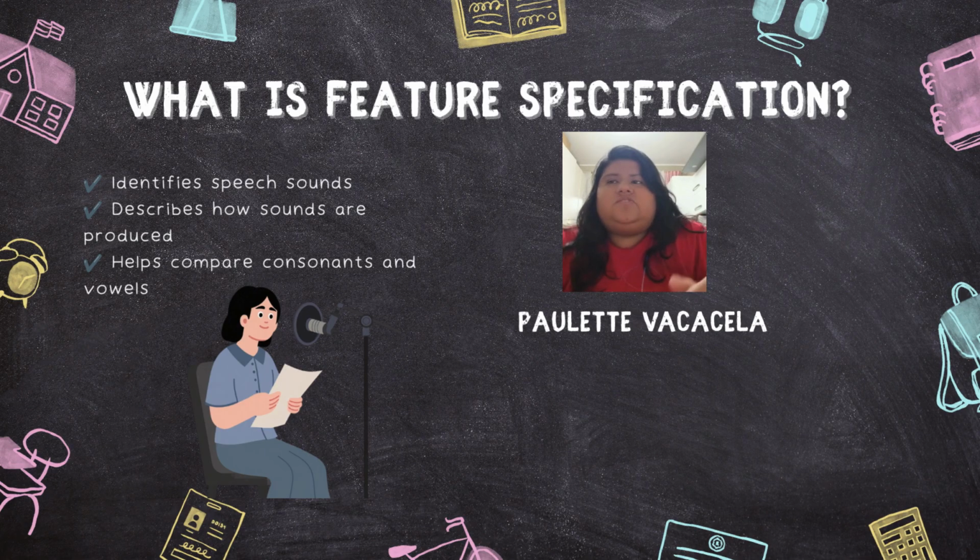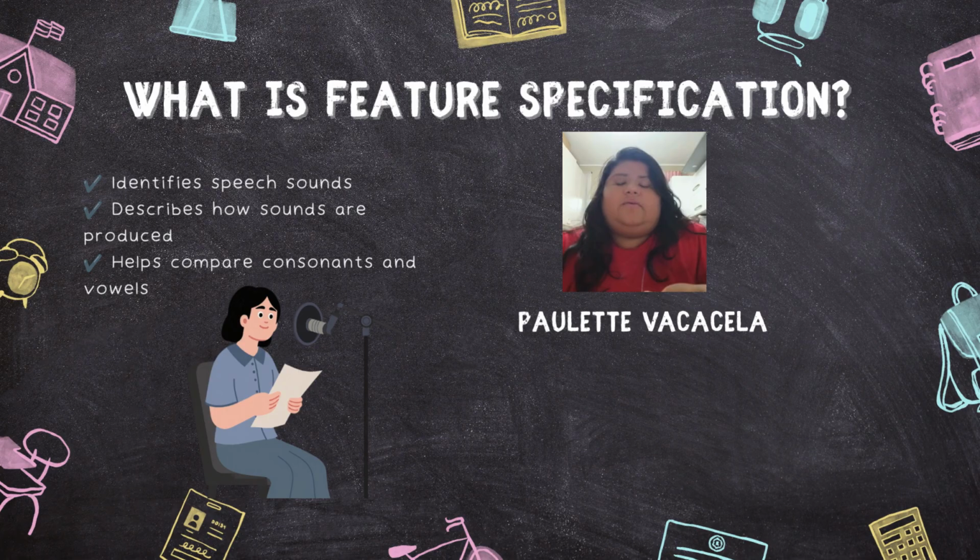For consonants, we usually describe three things: the manner of articulation, the place of articulation, and voicing. For example, the sound P is a voiceless bilabial stop because it is produced with both lips and the airflow stops completely and the vocal cords do not vibrate.